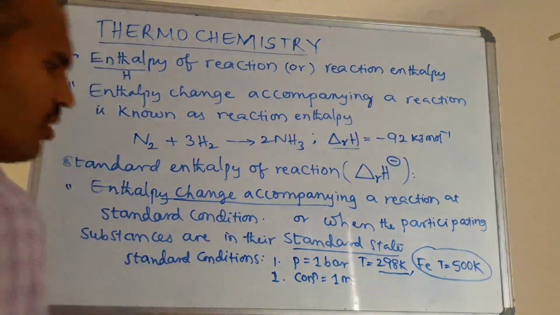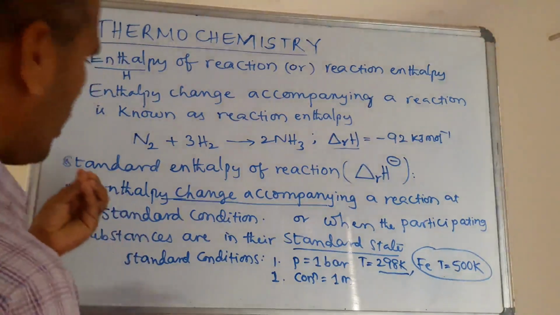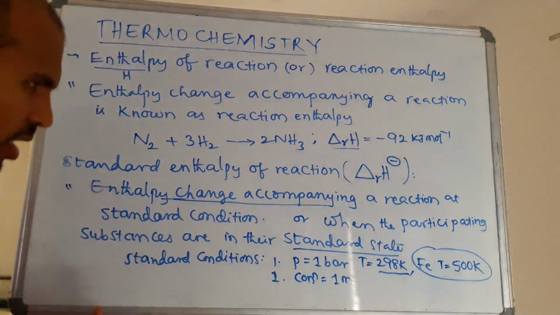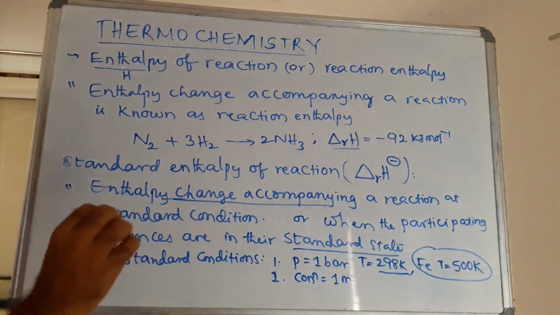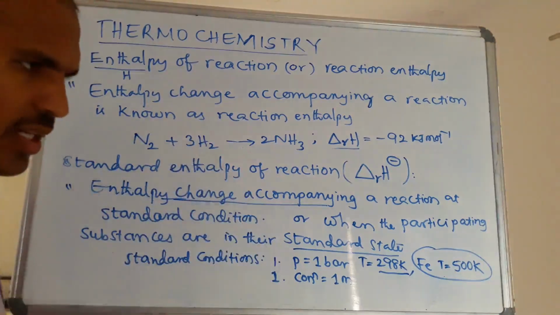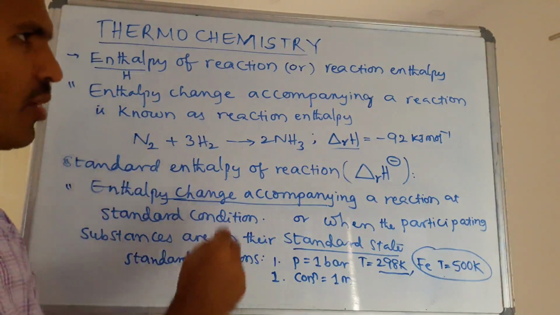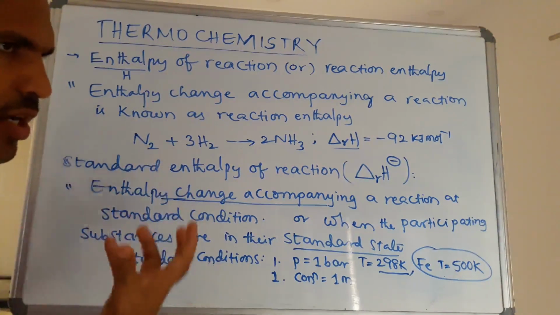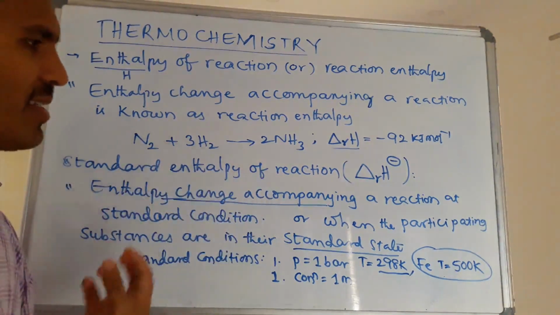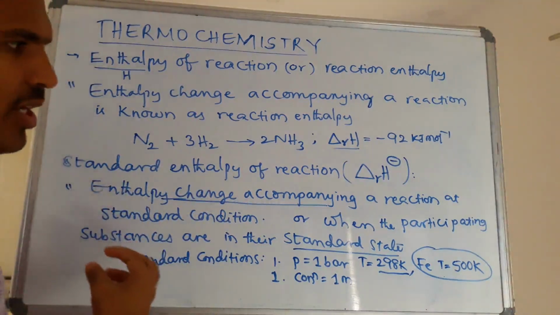Based on this, one formula is there for enthalpy of reaction. If you study the enthalpy change accompanying a reaction, what is the use? For example, when we perform a chemical reaction in the laboratory or industry, we have to cool or heat to maintain the optimum condition to get the desired product. Then this data is very, very important.